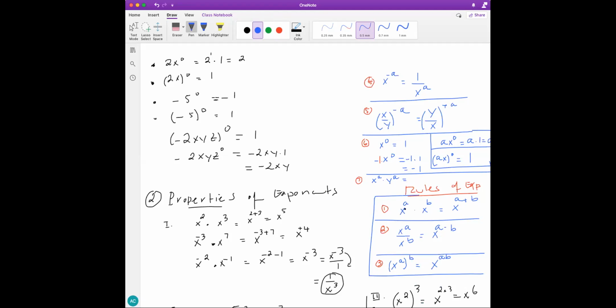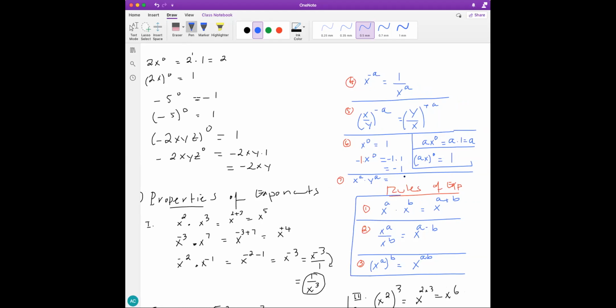It's the opposite of this. You see here we have the same base but different powers, but this one is different. We have different bases but the same power. What is this equal to? xy to the power of a. Okay, and what do we need with that? We're going to need to put them in parentheses.